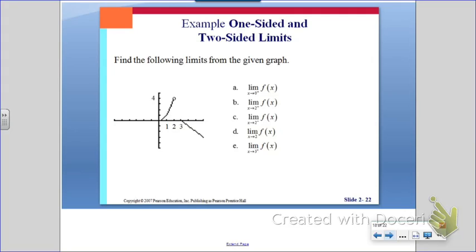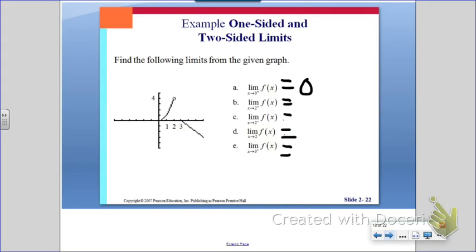The limit as x approaches 0 from the right would equal 0. The limit as x approaches 2 from the right, there is no value because it ends at 3.